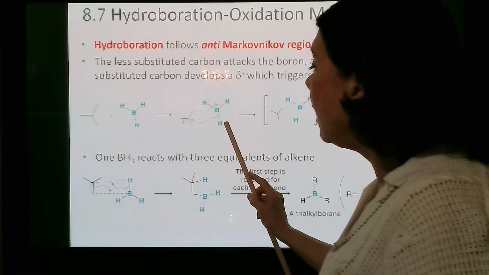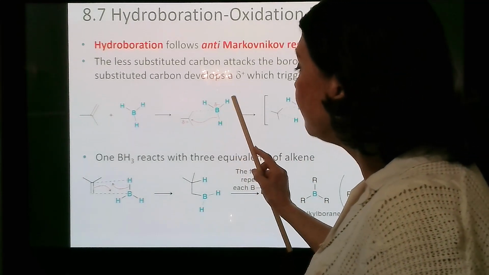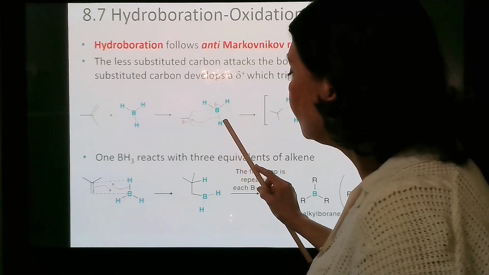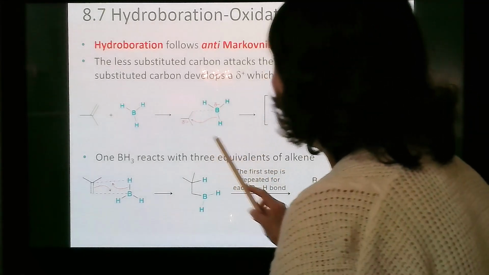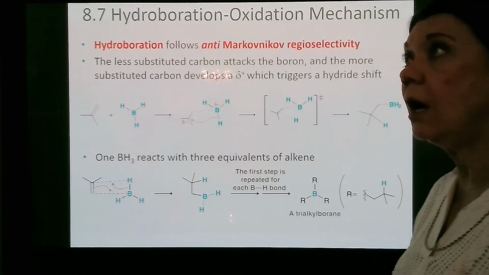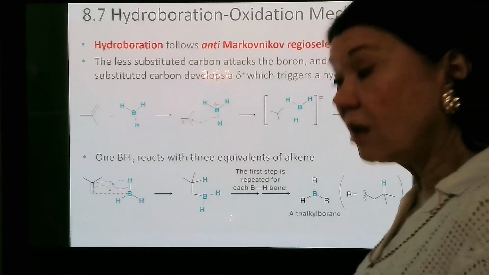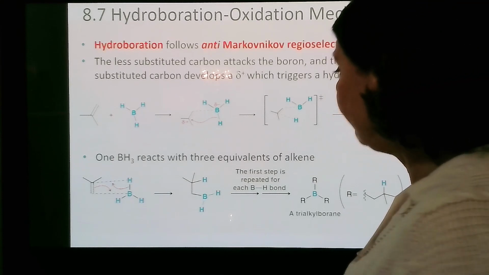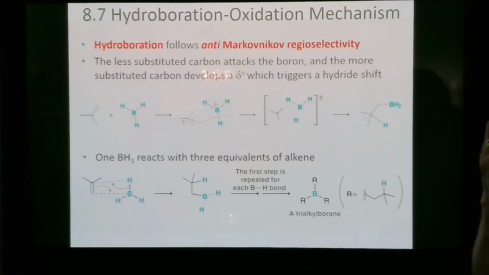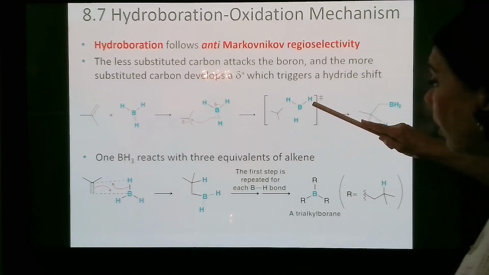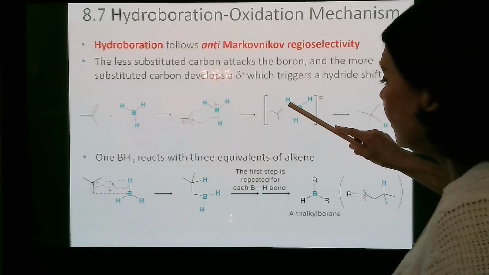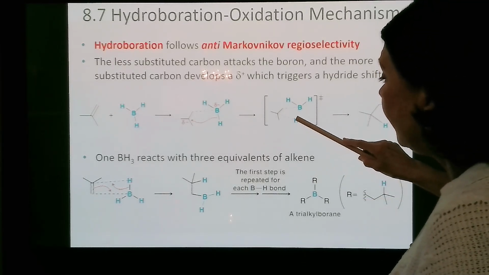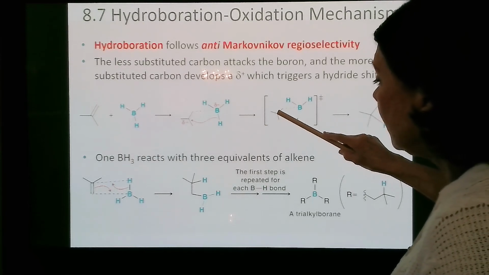So the partial negative is attracted to the partial positive, and so the boron comes in. There are electronic effects as well as steric effects that govern the reaction here to put boron at the end of the double bond, and the hydrogen is added to the internal position.